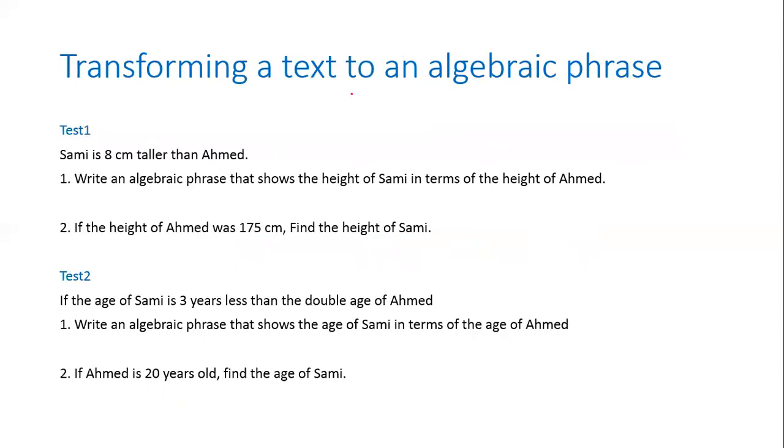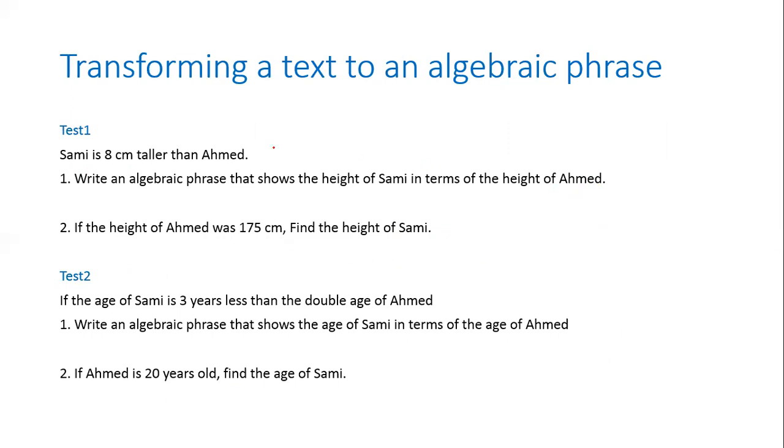Transforming a text to an algebraic phrase. Let's take an example. Sami is 8 centimeters taller than Ahmed. Based on that text, write an algebraic phrase that shows the height of Sami in terms of the height of Ahmed.